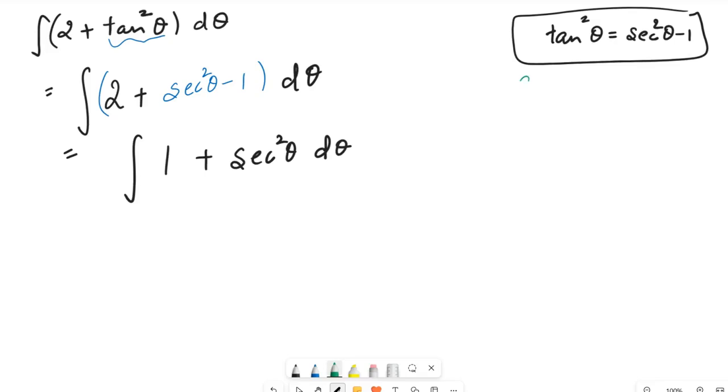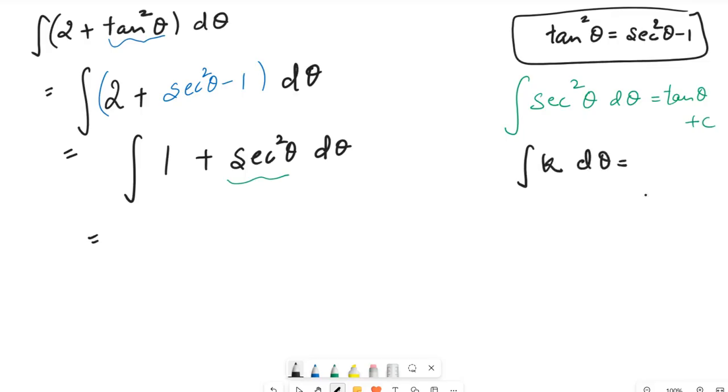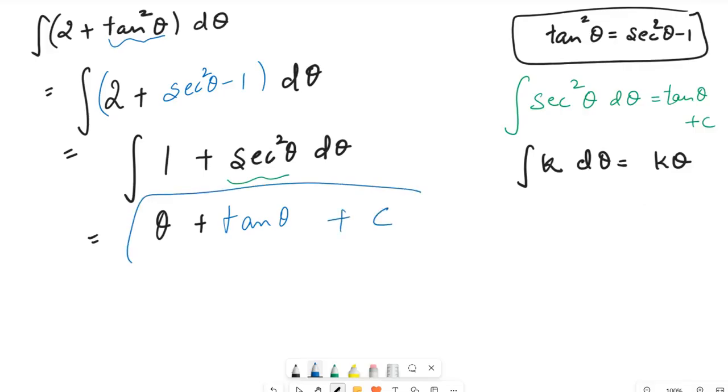Now we have an integral formula for secant squared theta, that is tangent theta. So this now can be integrated. The integral of 1, a constant with respect to theta, would be k theta. So here it will be theta plus the integral of secant squared theta, which is tangent theta, plus c.